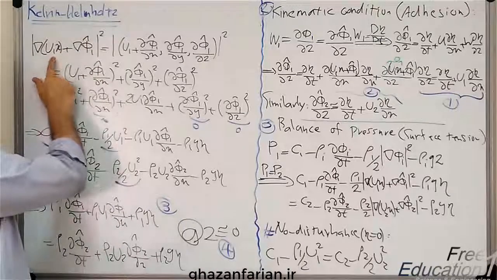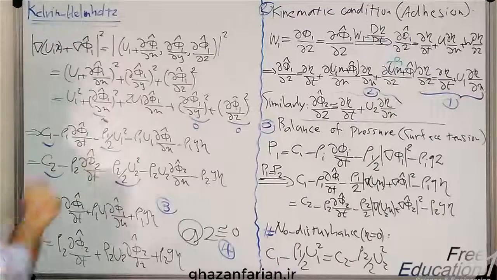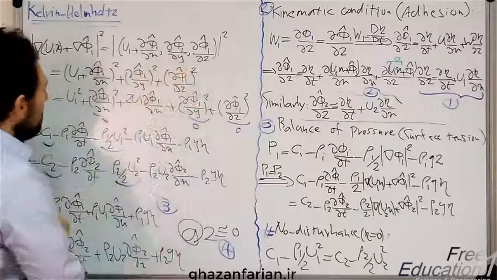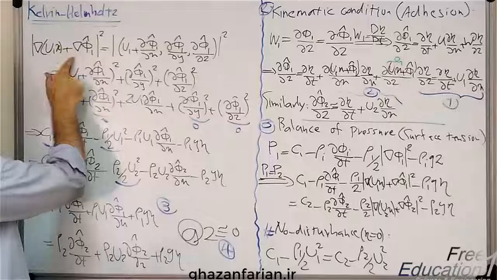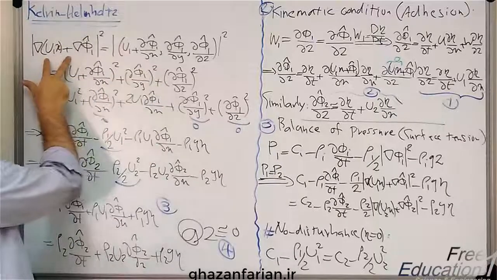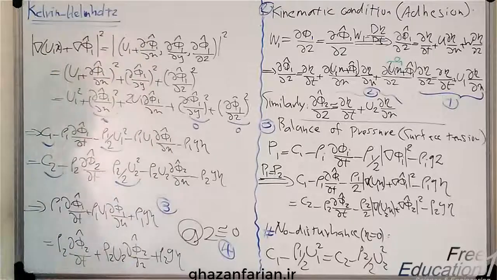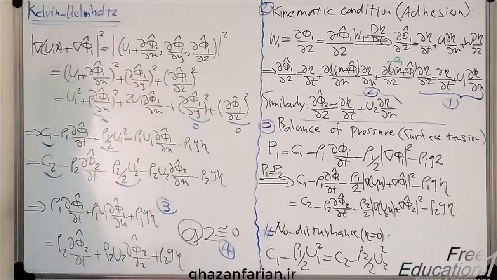The gradient of u1x is a vector (u1, 0, 0), and the gradient of phi 1 is the gradient of phi hat 1 with components x, y, z. So the first component of the sum of these vectors is u1 plus the partial derivative of phi hat 1 with respect to x, and the other components are as follows.